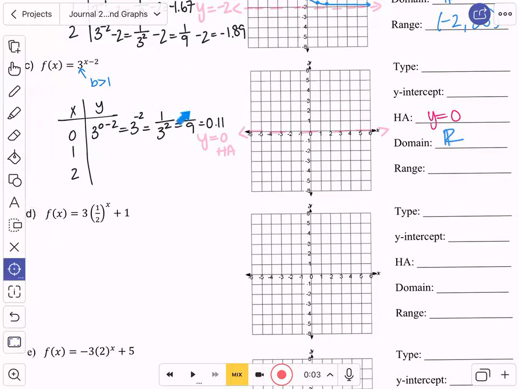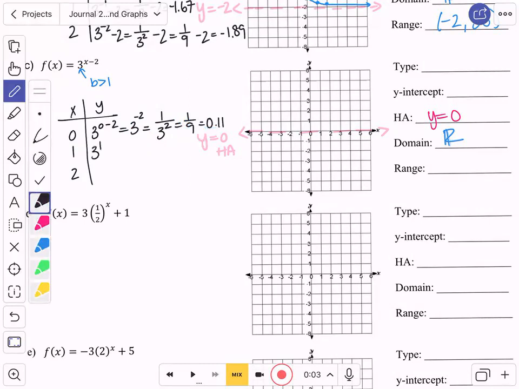If you plug in 1 for x, you get 3 to the negative 1 power, which is 1/3, and 1/3 is about 0.33. And then if you plug in 2, 2 minus 2 is 0, so 3 to the 0 power is 1.